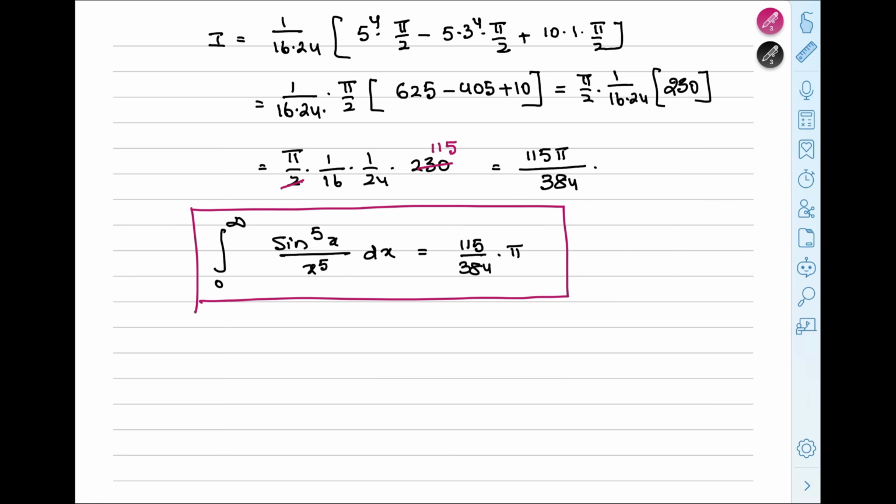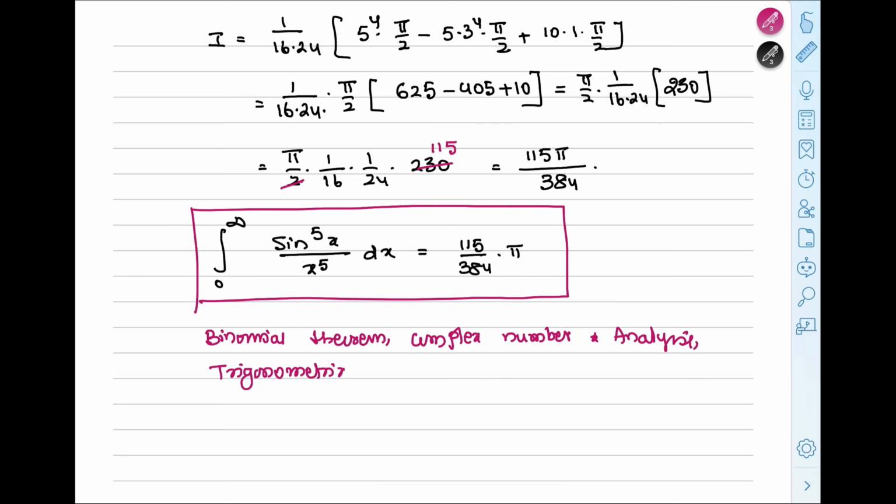Even though I have gone a little bit slow here, the reason is that I wanted to explain the binomial theorem, I wanted to explain the usage of complex numbers and analysis, I wanted to explain trigonometric functions, and some shortcuts of definite integration.